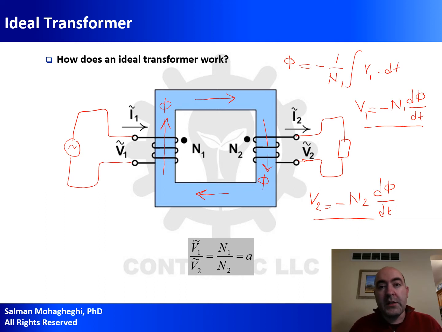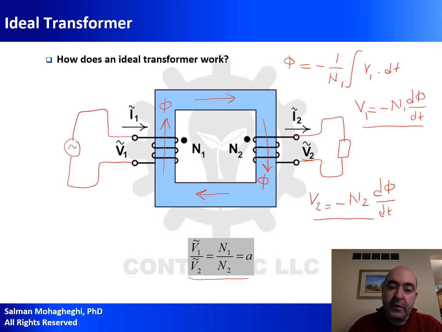If I divide these equations by one another, the two terms derivative of flux, which are the same, would cancel out, and I will have this equation that I'm showing here. The ratio between V1 and V2 is the same as N1 and N2. So V1 over V2 equals N1 over N2. I call this A, and this is my turns ratio for the transformer.